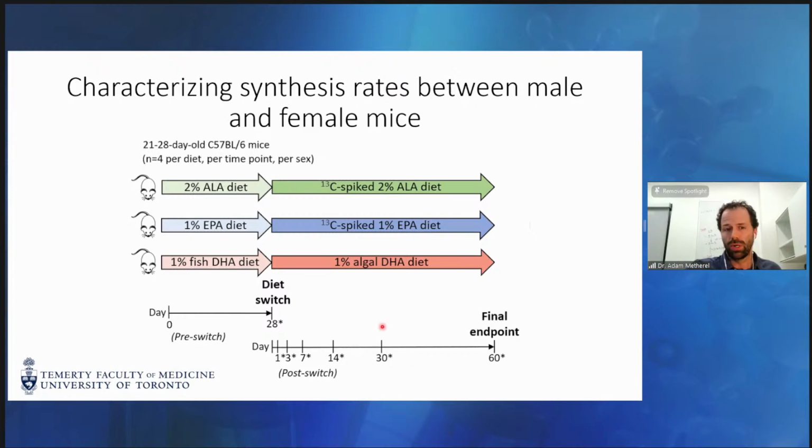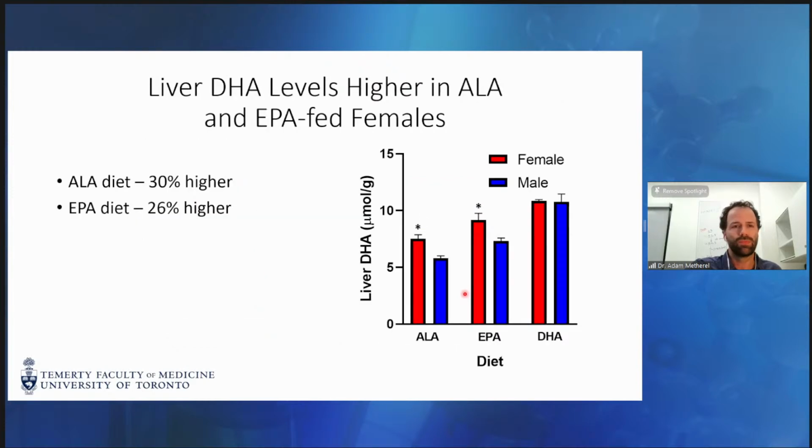All throughout, we're recording dietary intake as well, and that becomes important later when I show you some percent conversion values. And then we can analyze the fatty acids for C13 analysis and fatty acid concentrations.